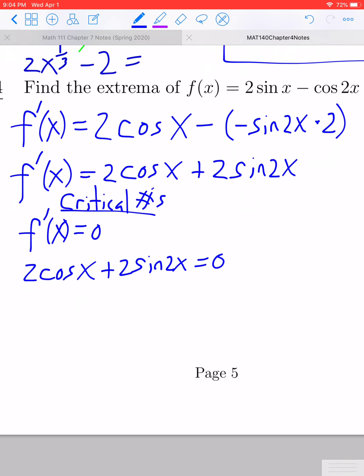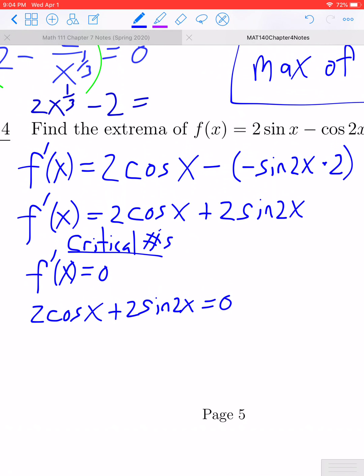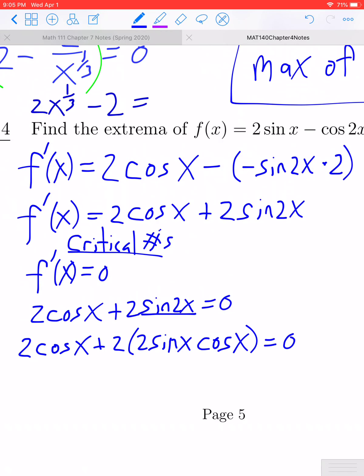One of the things that would help us to solve this trigonometric equation is to use an identity. We can swap out the sine of 2x. You might recall from trig that the sine of 2x is 2 times sine times cosine. By using that double angle formula, we get rid of the double angles. So wherever I see sine 2x, I can put 2 sine x cosine x, equal to 0.